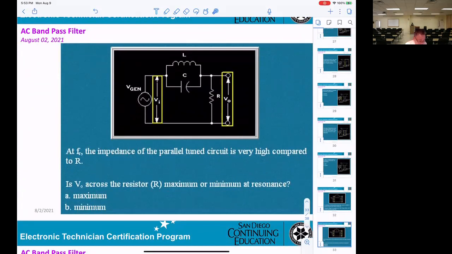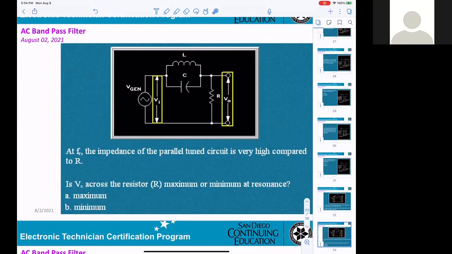At the resonant frequency, the input impedance of the parallel tuned circuit is very high compared to R. If the output across the resistor is maximum or minimum at resonance. Maximum. A. I don't know.